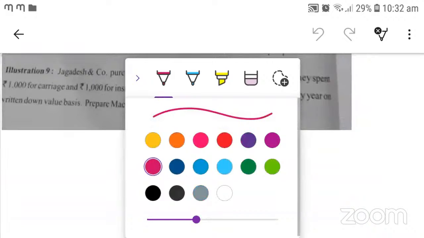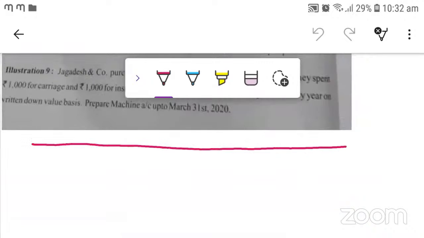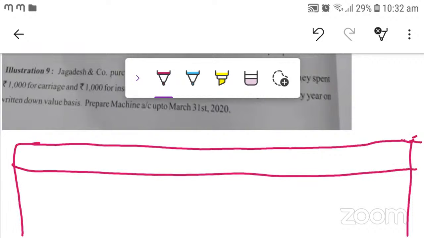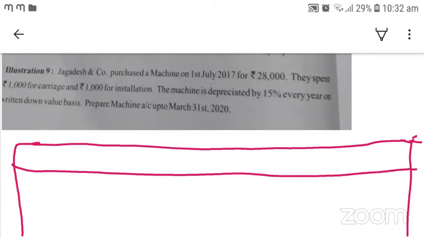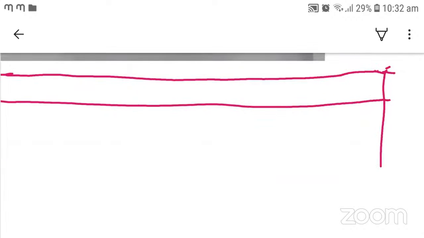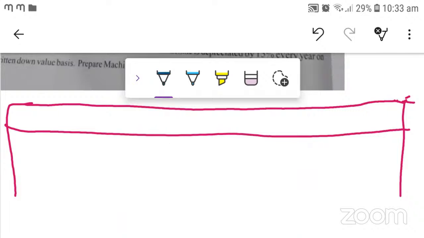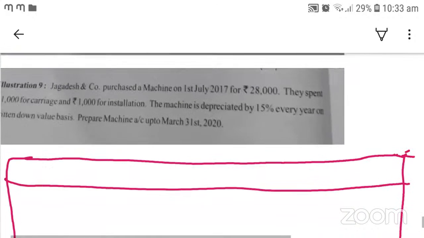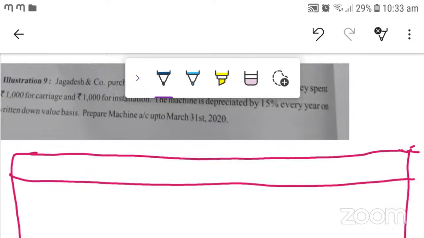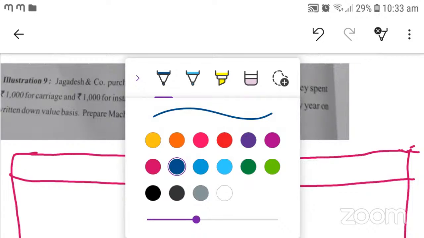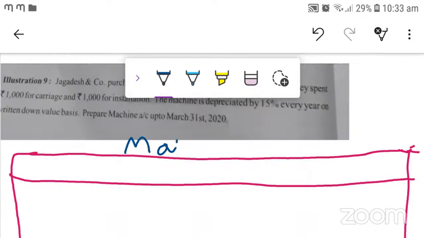Okay, machine account. Credit, debit. This is the account.